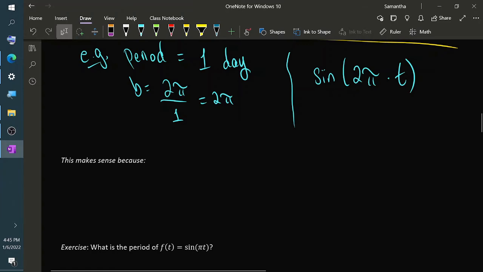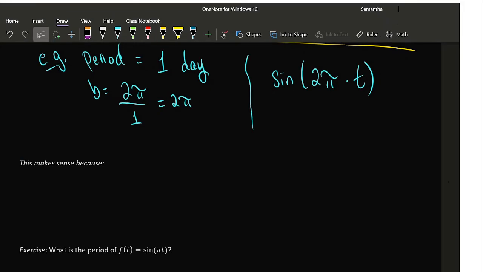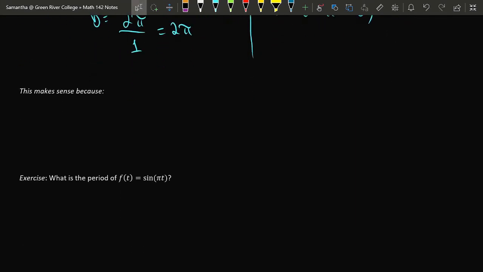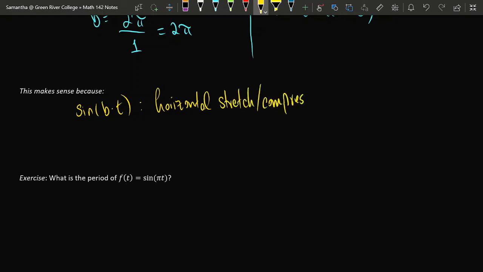Now, if we go back to thinking about transformations as we learned them in Pre-Calculus 1, this does make some sense. In Pre-Calculus 1, we learned that if we multiply the input by a number, such as b, this created a horizontal stretch or compression by a factor of 1 over b.